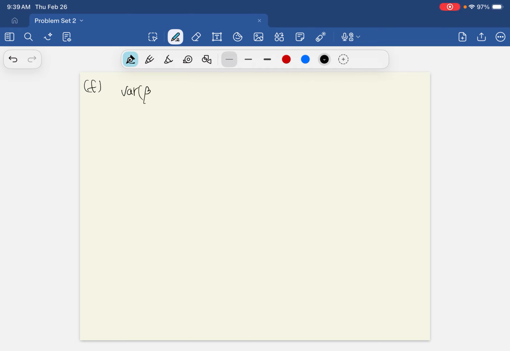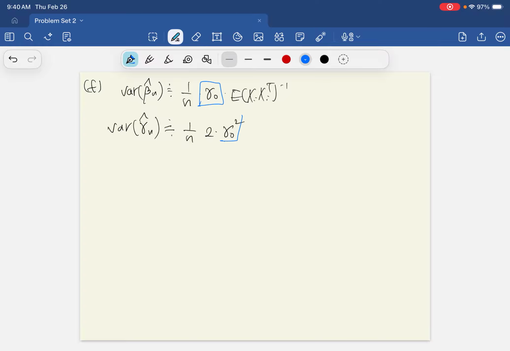The variance of beta hat is approximately 1 over n times gamma 0 times the inverse of the expectation of xi transpose, and the variance of gamma hat is approximately 1 over n times 2 gamma 0 squared. Okay, and then the problem here is, first, gamma 0 is unknown. We do not have gamma 0, so the idea is we just use gamma hat here.